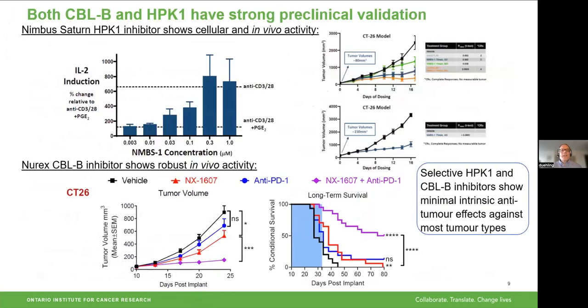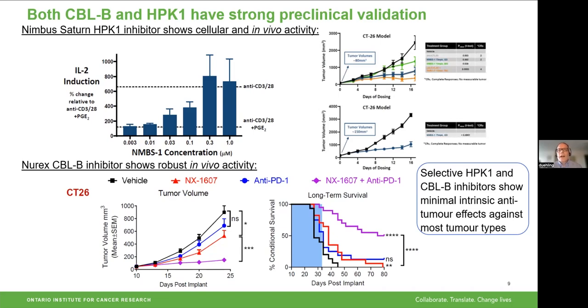And there is good preclinical evidence for these targets. Shown at the top, there are a number of organizations which are interested, particularly in HPK1, and I'm showing data from another organization called Nimbus Saturn. What they've been able to show is that with their small molecule HPK1 inhibitor, they are able to cause release of IL-2 induction in the presence of PGE2 or other immune suppressive reagents.